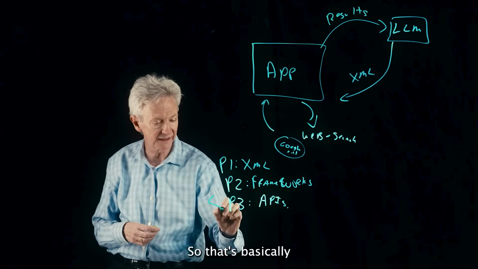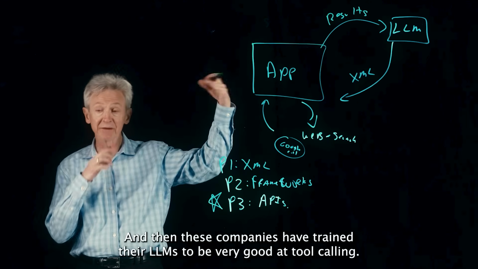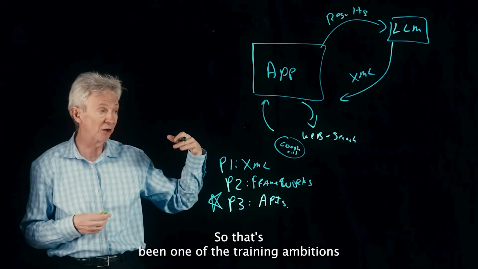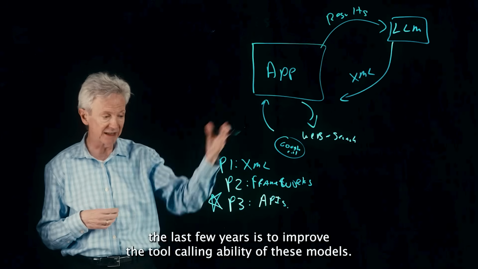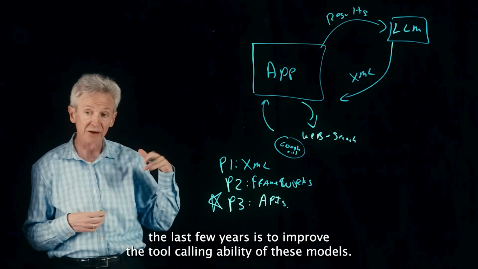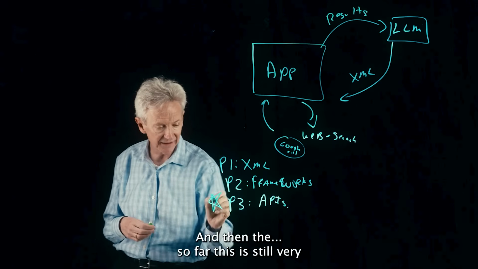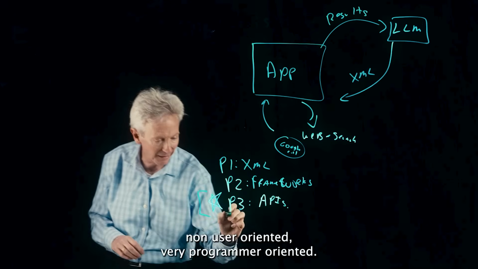So that's basically how it got added. And then these companies have trained their LLMs to be very good at tool calling. So that's been one of the training ambitions the last few years is to improve the tool calling ability of these models. And then so far this is still very non-user oriented, very programmer oriented.